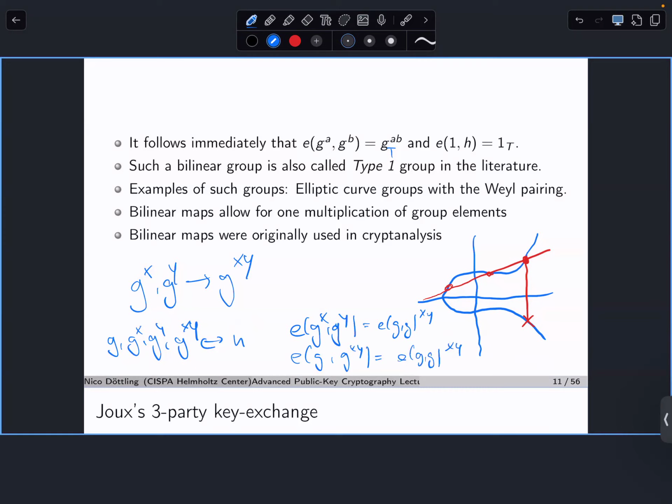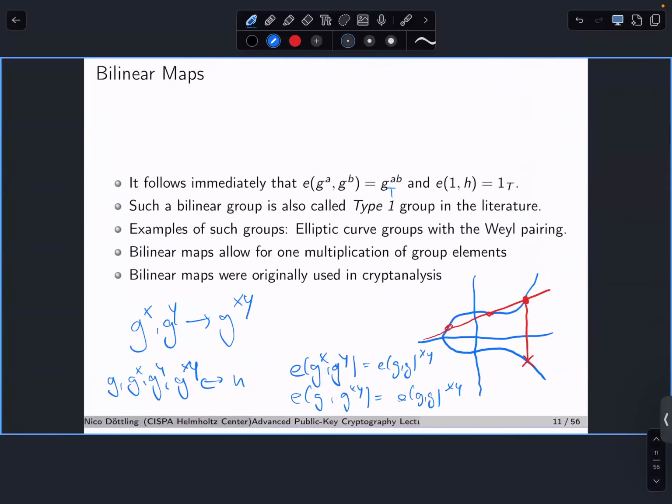So if someone gives us a Diffie-Hellman quadruple, those two values are always the same, whereas if we replace this one with uniform, then we get a random value. So that's one thing to keep in mind: in these bilinear groups, we cannot make the Diffie-Hellman assumption.